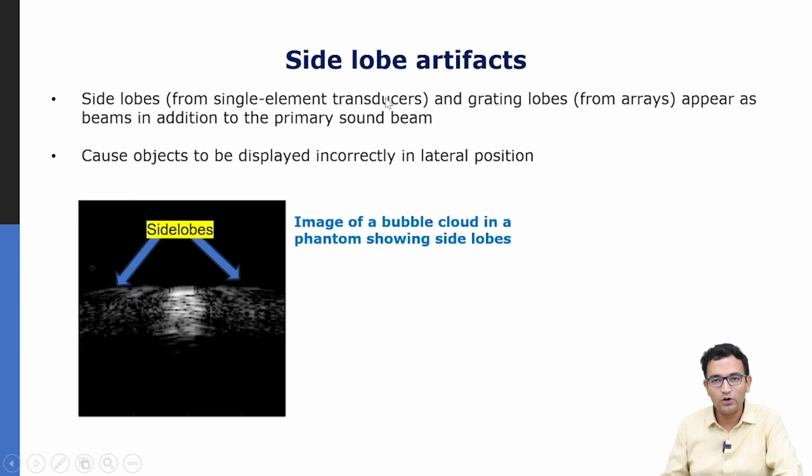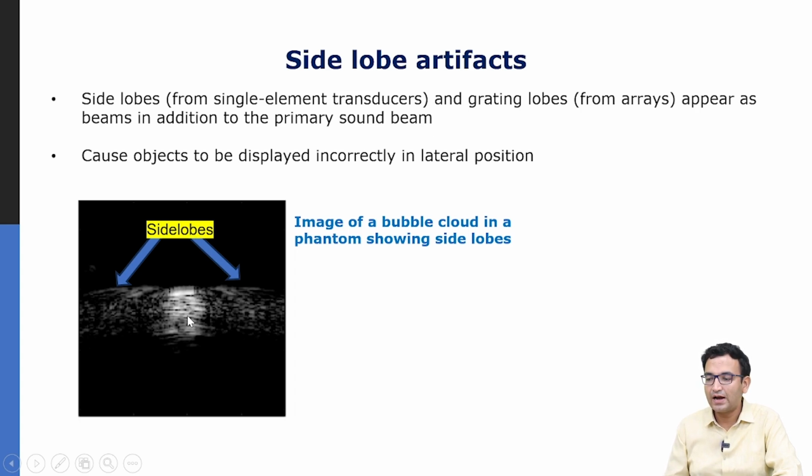And then there are side lobe artifacts. We discussed that the ultrasound beam has a main lobe and it has side lobes, and for ideal imaging we would like to suppress the side lobes. There are some specialized side lobes as well, such as grating lobes, which are present sometimes in arrays, and they appear in addition to the primary sound beam. So, what happens if there are side lobes in the beam?